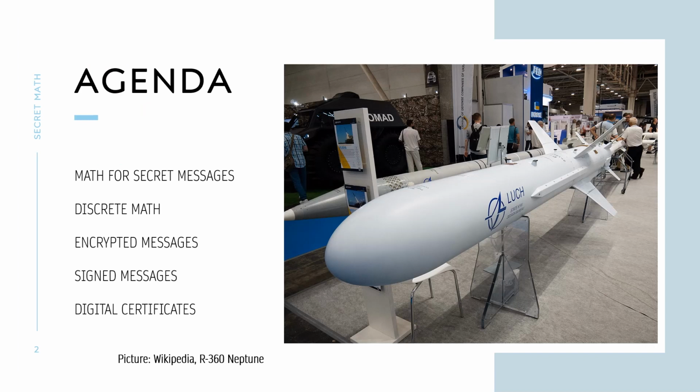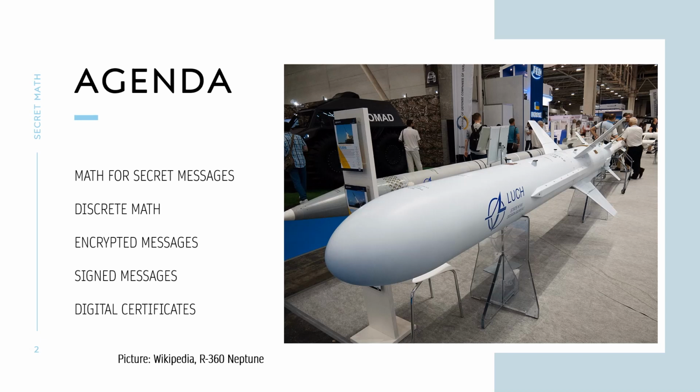This happens to be one that, the Neptune is a Ukrainian unmanned underwater vehicle, and of necessity, it has to transmit and receive over the open airwaves. The enemy could hear anything you said. If it's very well encrypted, they might not be able to understand what you said, but they'll be able to tell that you were saying something.